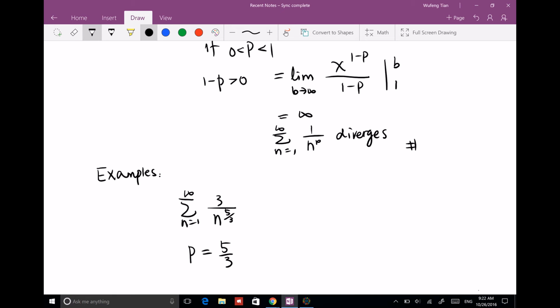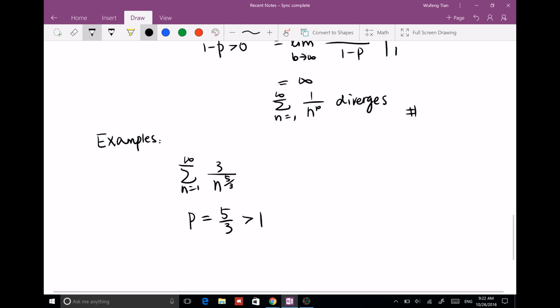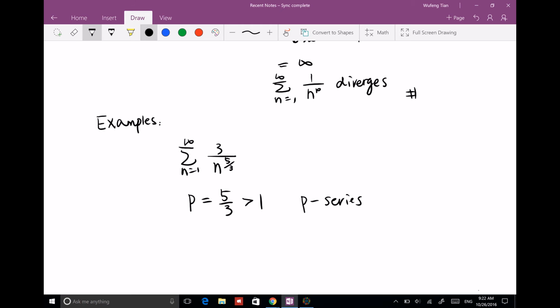And then I compare this one with? Thea, can you continue? Bigger than 1, less than 1? Bigger than 1, perfect. If it's bigger than 1, the P series, that's perfect. P series bigger than 1, then the series converges. Perfect. That's it.